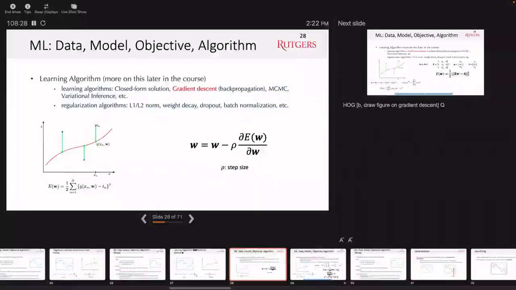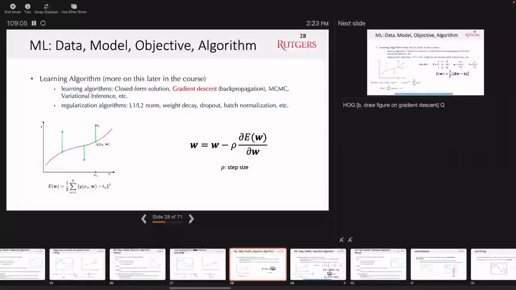So let me give you some intuition on the blackboard. So this is our W on the horizontal axis, and we have E of W, our error, the mean square error.